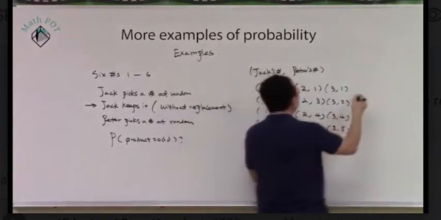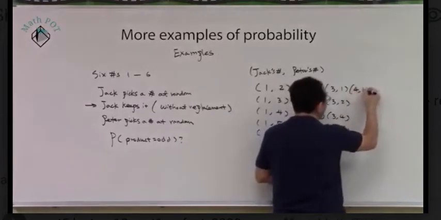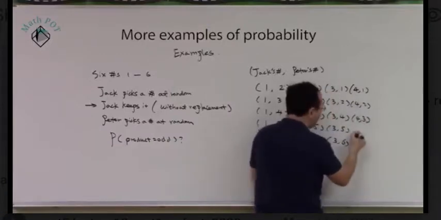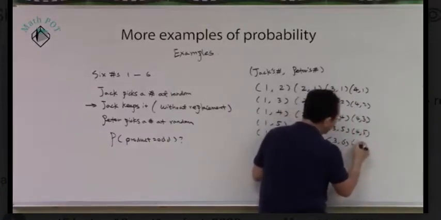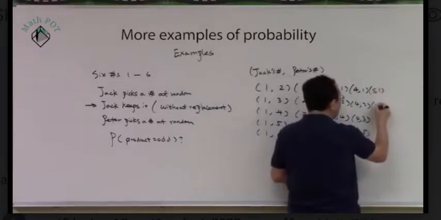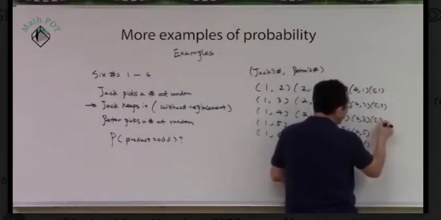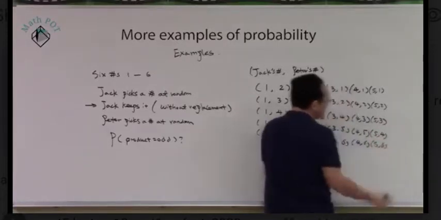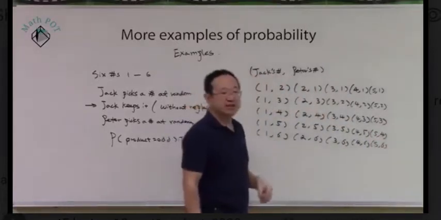Next, how about the first number is 4? Could be 4 1, 4 2, 4 3, definitely not 4 4, 4 5, and 4 6. Continue. How about the first number is 5? Could be 5 1, 5 2, 5 3, 5 4, not 5 5, 5 6. Continue. How about the first number is 6?